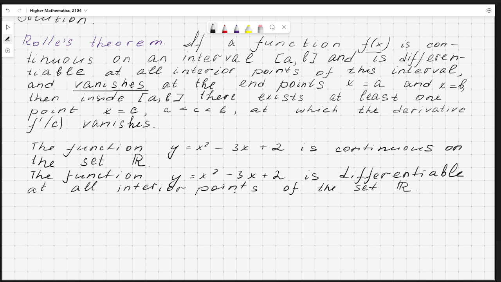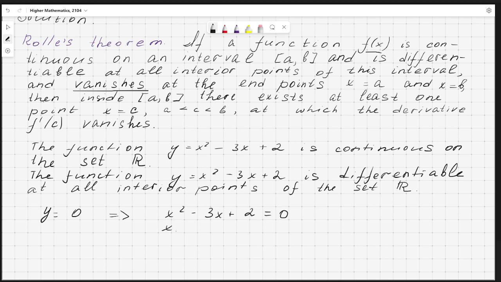Let's find the point in which the function vanishes. It means y is 0. From this, x squared minus 3x plus 2 equals 0.